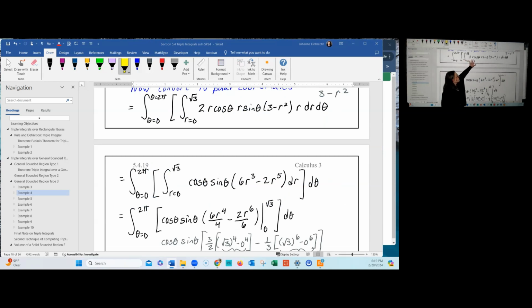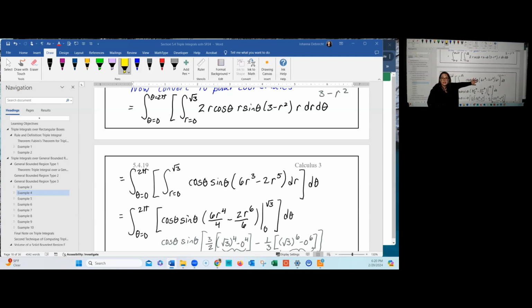Once we have our expression, we can continue to keep cosine theta, sine theta as a constant since they don't depend on r by factoring them out and distributing the rest, which leads to 6r cubed minus 2r to the 5th, the quantity times cosine theta, sine theta.